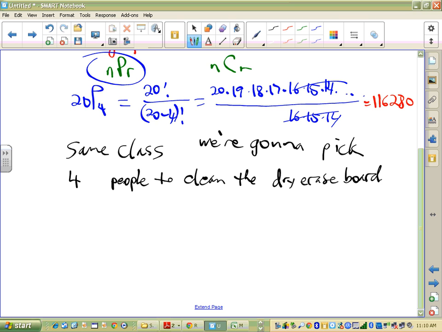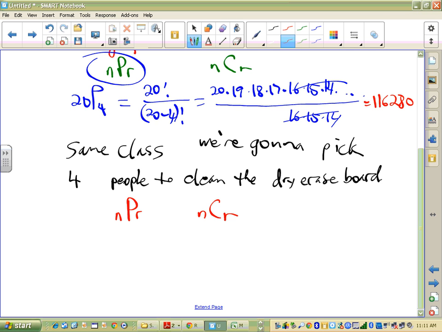All 4 people have the same responsibility to clean and ensure the cleanliness of the board. So you have to ask yourself, is this a permutation or is this a combination? We're picking 4 people. We're not picking a president and a vice president and a secretary and a treasurer.